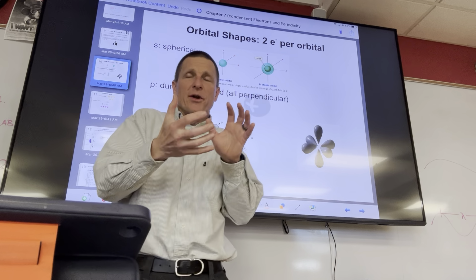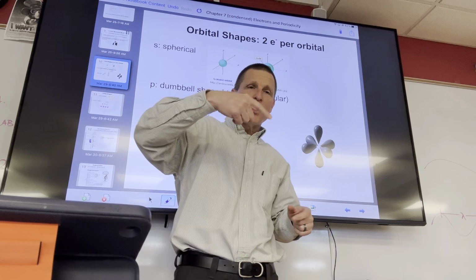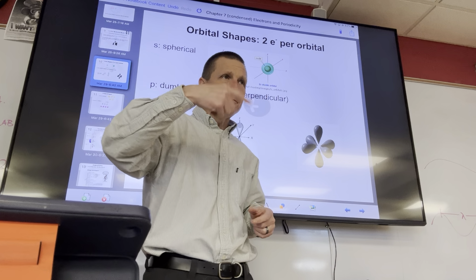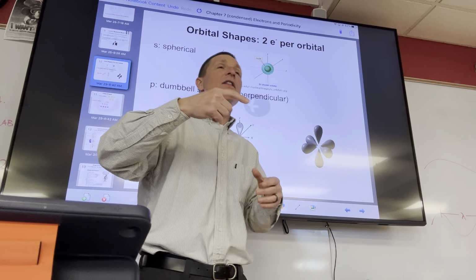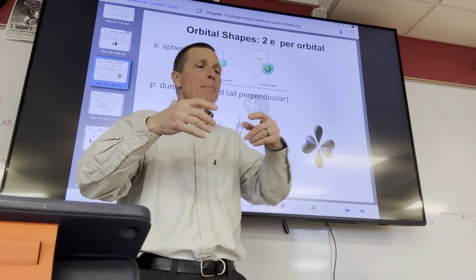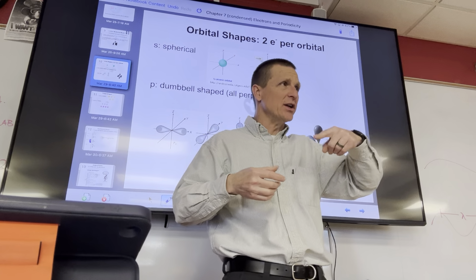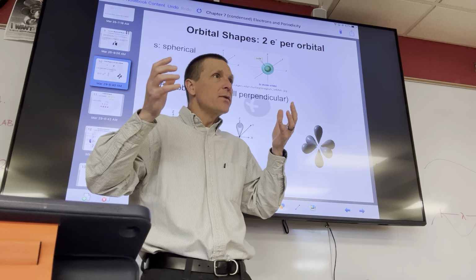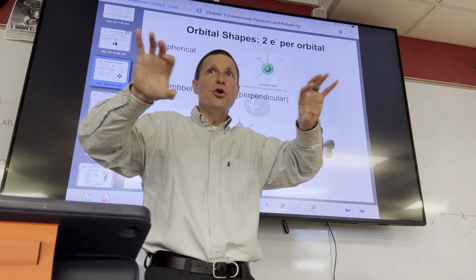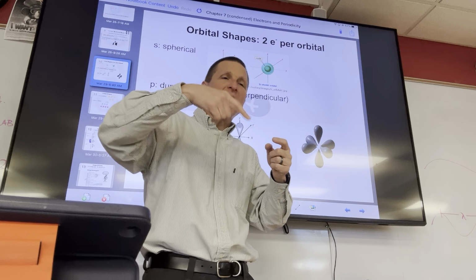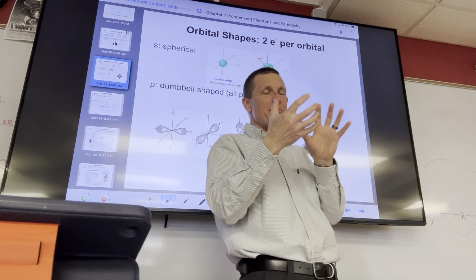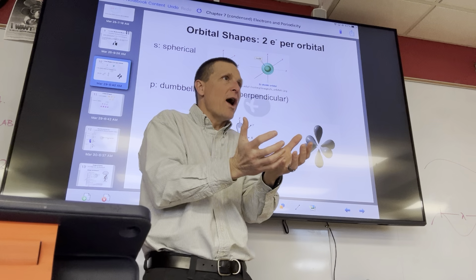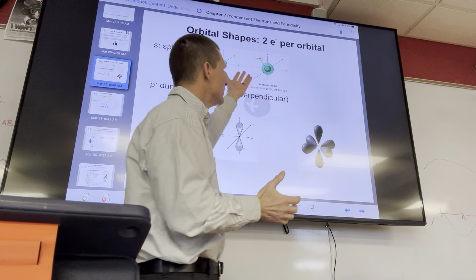So within an orbital where there's 2 electrons, 1 electron will be spinning one direction, creating a magnetic field. The other electron in that orbital must be spinning the opposite direction and creating the opposite magnetic field. Now, they are still negatively charged, and they still do push away from each other. However, the fact that they have opposite spins and therefore opposite magnetic fields allows them to cohabitate in an orbital.